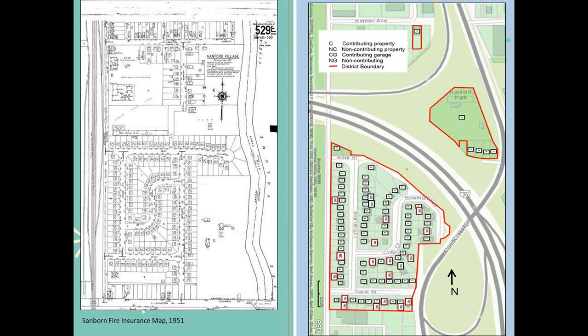In 1963, when the federal interstate highway was being built through Columbus, you can see that the route was taken to cut right through and bifurcate Hanford Village, and severed off a main portion of it and the park that was associated with the subdivision. So, once again, government programming significantly impacted this neighborhood.